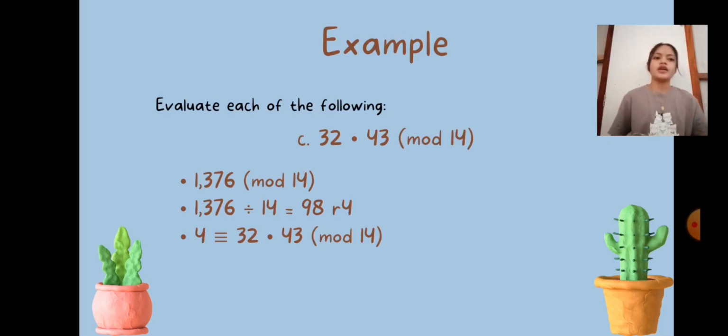As we multiply 32 by 43, we get 1,376 mod 14. 1,376 divided by 14, we get 98 remainder 4. So, 4 is congruent to 32 times 43 mod 14.